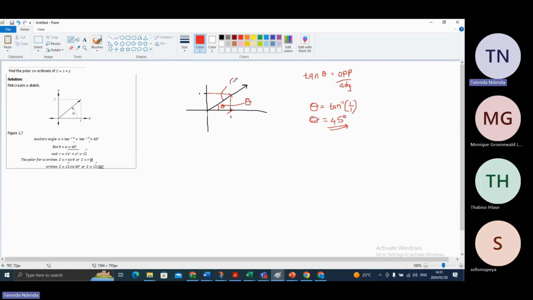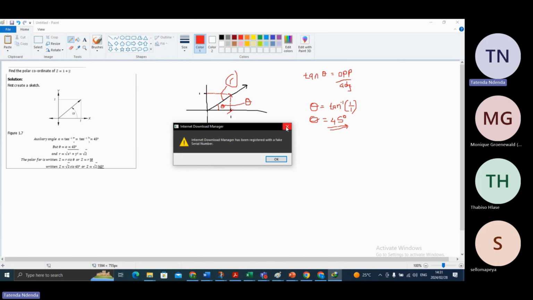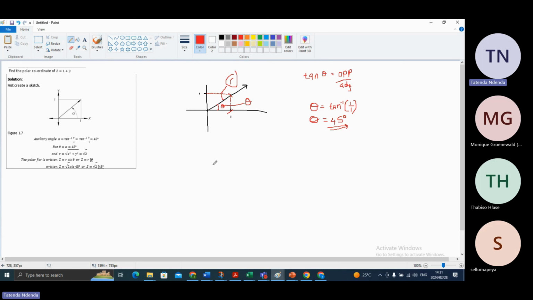Now, we still need to get r, which is the radius, right? For us to get the radius, we have a small triangle like this, with 1 here and also 1 here.